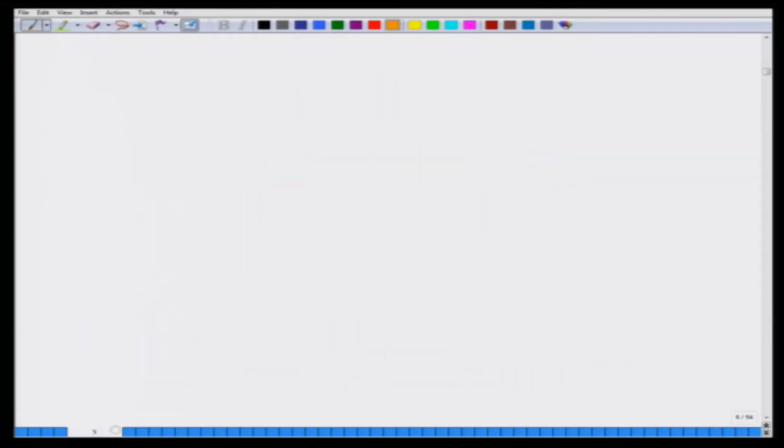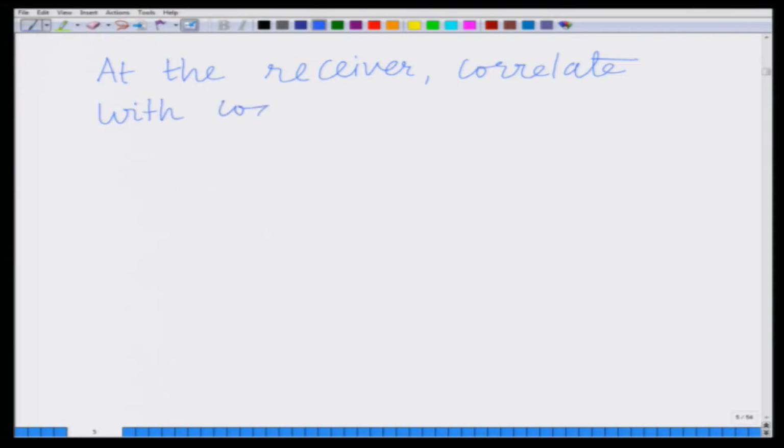Therefore, at the receiver, we correlate with the code of user 0, and that gives us 1 over N summation over n of y n C0 of n.